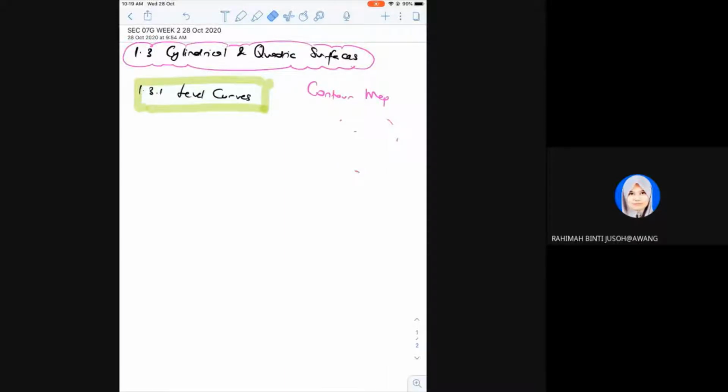Okay, I will give you one example for you. So example, copy this, okay? You have to copy everything. Construct a contour map for the given function.